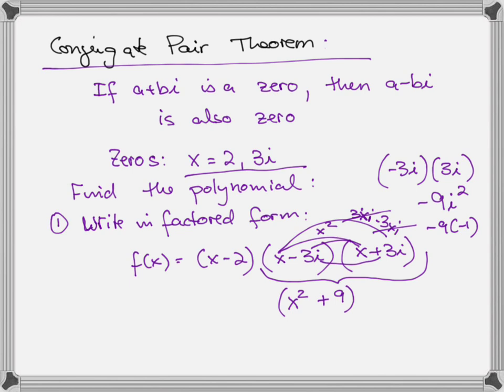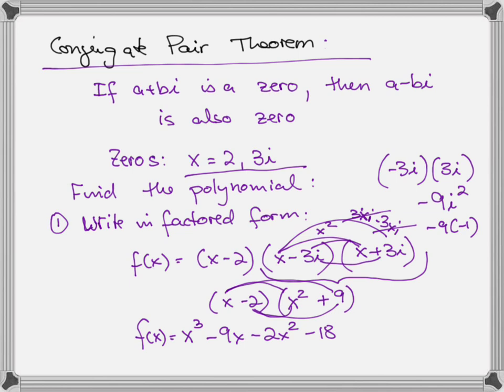And that you multiply by x minus 2. That gives you x to the third plus 9x minus 2x squared minus 18. And that is your polynomial in expanded form.